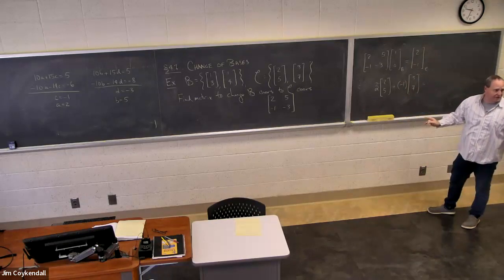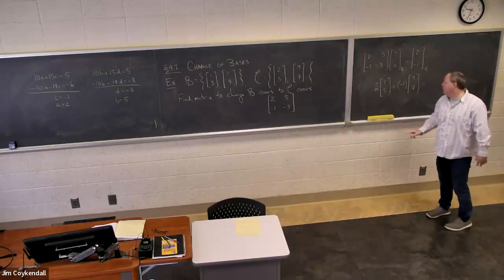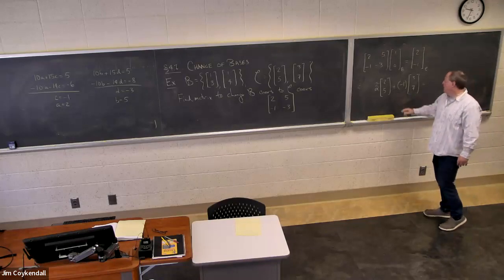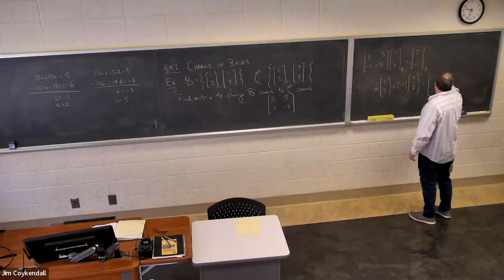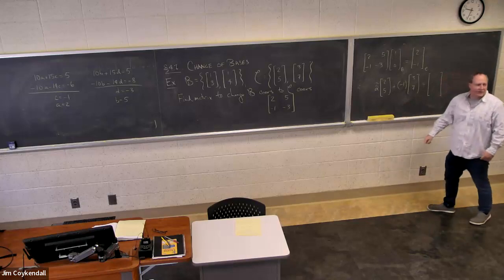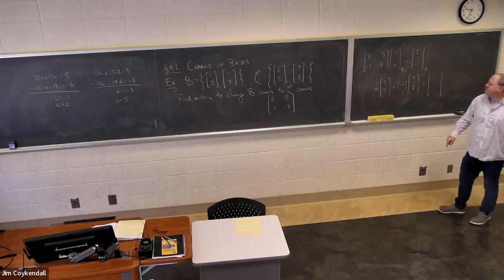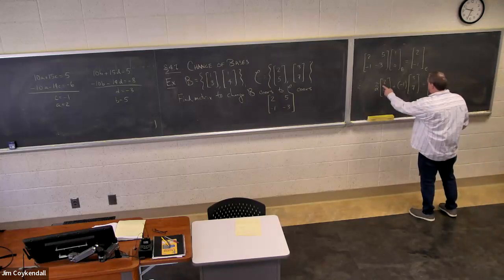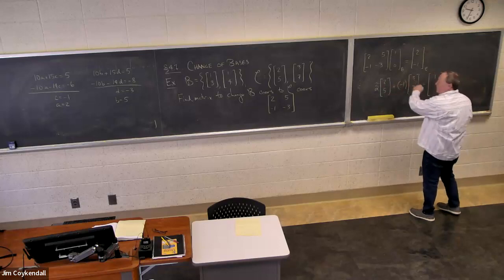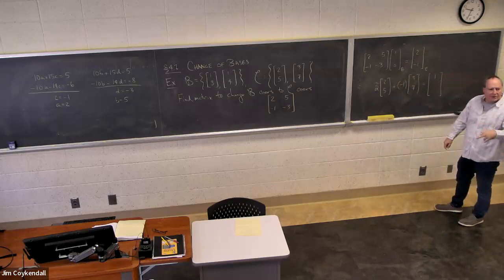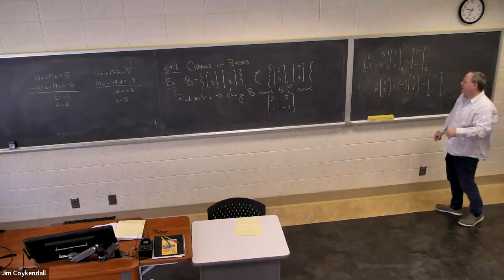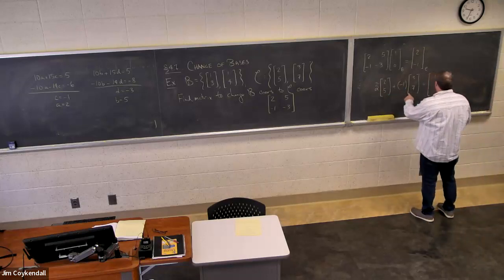You guys okay with that? Let's see what this is in standard. What's my top coordinate in standard? It should be 4 minus 3, which is 1, I agree. What should my second coordinate be? It should be 10 minus 7, which is 3.